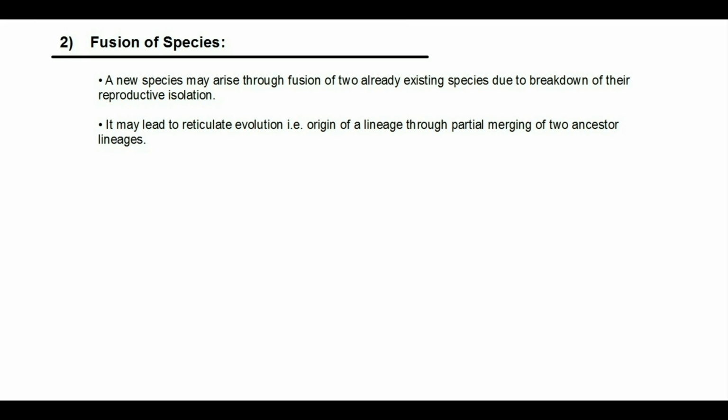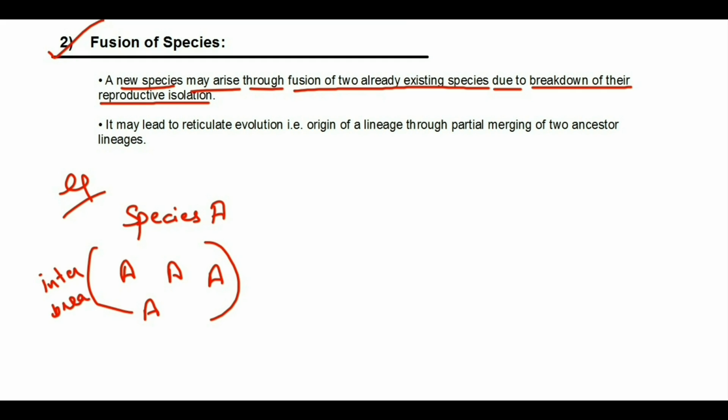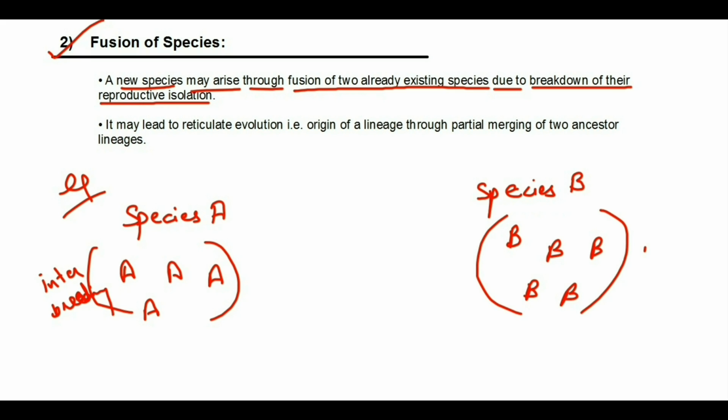So next we have another mode of speciation, which is the fusion of species. As the name suggests, when two already existing species fuse due to breakdown of their reproductive isolation, a new species is formed. So here we have an example: there are individuals of species A interbreeding in an area, and also there are individuals of species B interbreeding among themselves.